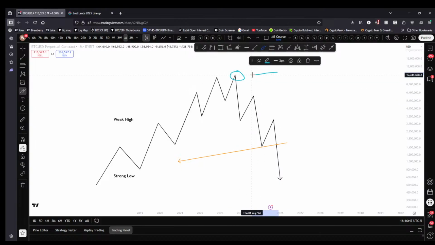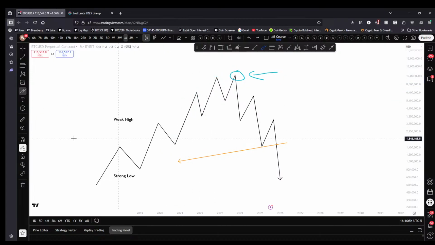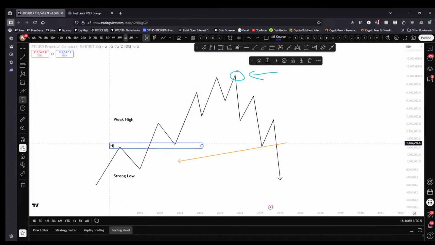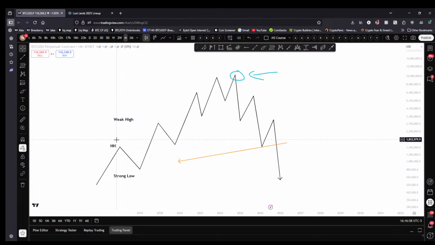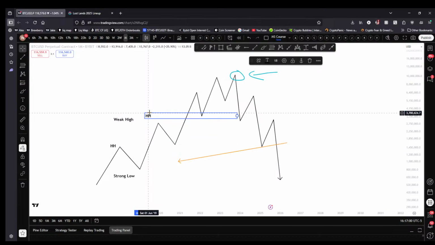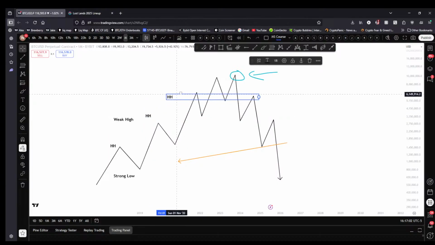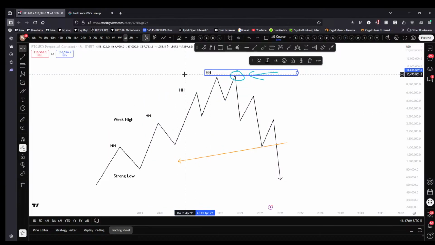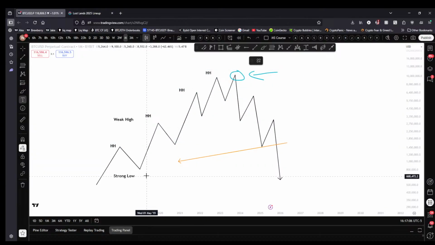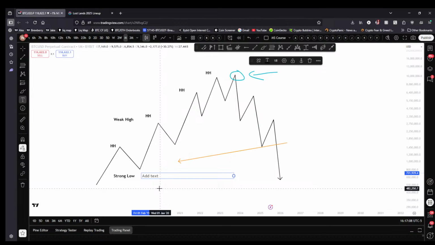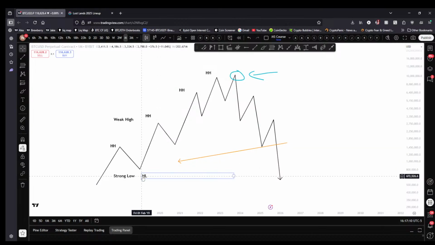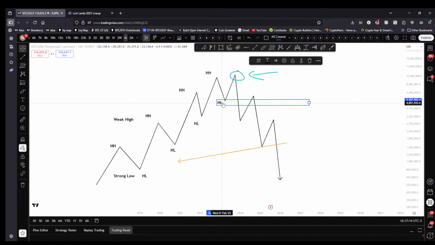All of these highs were weak because they all failed to break the prior lows. The trend is making higher highs and higher lows.